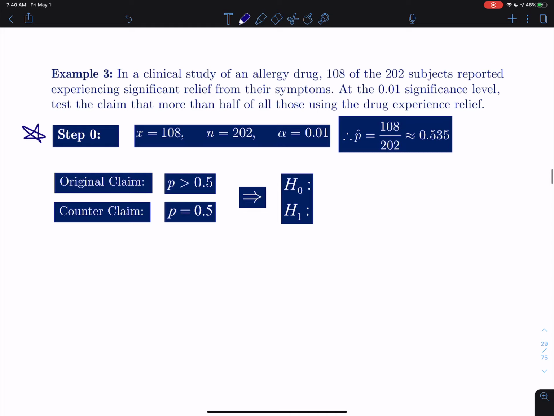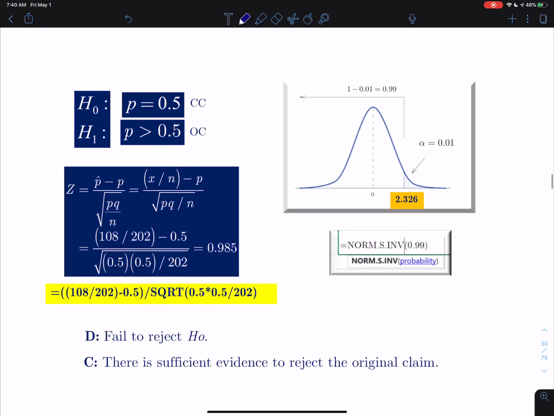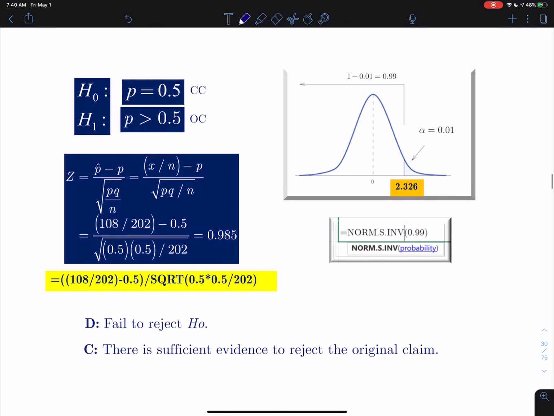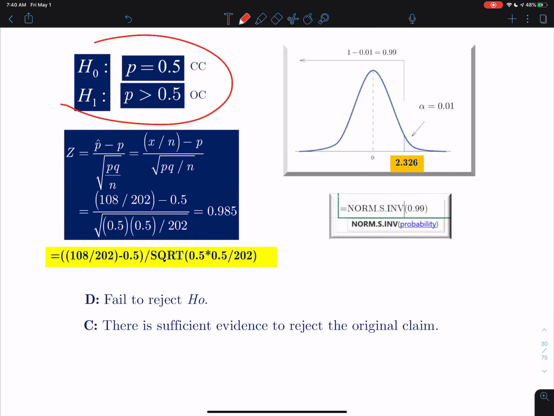So you notice I write the given information, I write the original claim and a counterclaim, then I categorize them under the null and the alternative hypotheses, then I do my step 1, step 2, step 3, and then basically look at this value and look at this value and find out if I'm here or I'm outside of it.